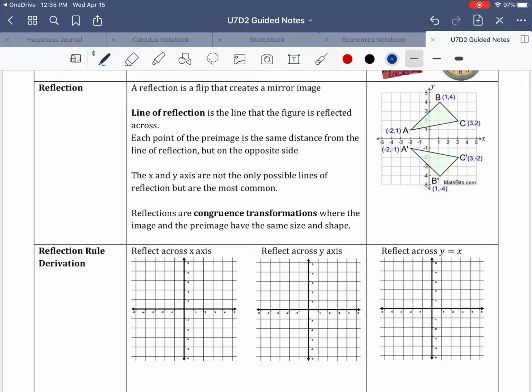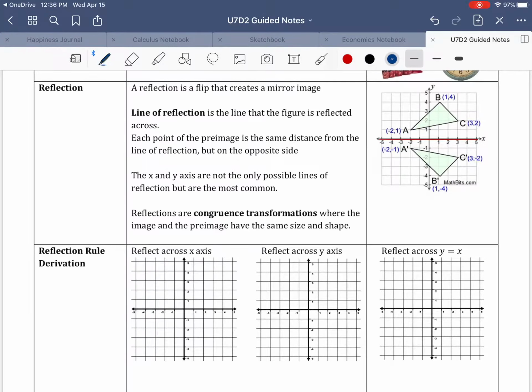Now, the line of reflection is the line across which the figure is reflected. If we look at this picture on the right-hand side, we can see that it's reflected across our x-axis right there. Each point of the pre-image, which is our top triangle, is equidistant, which is the same distance, from the image itself.